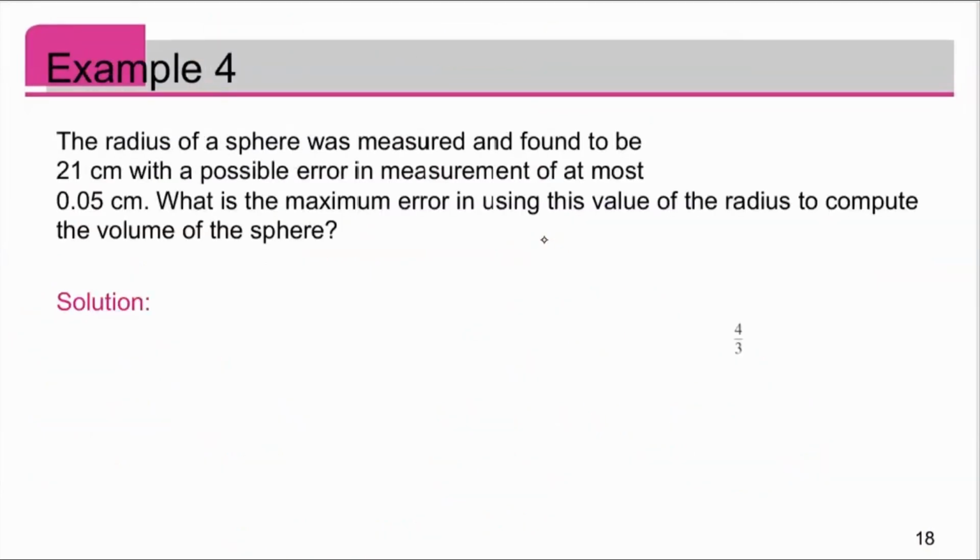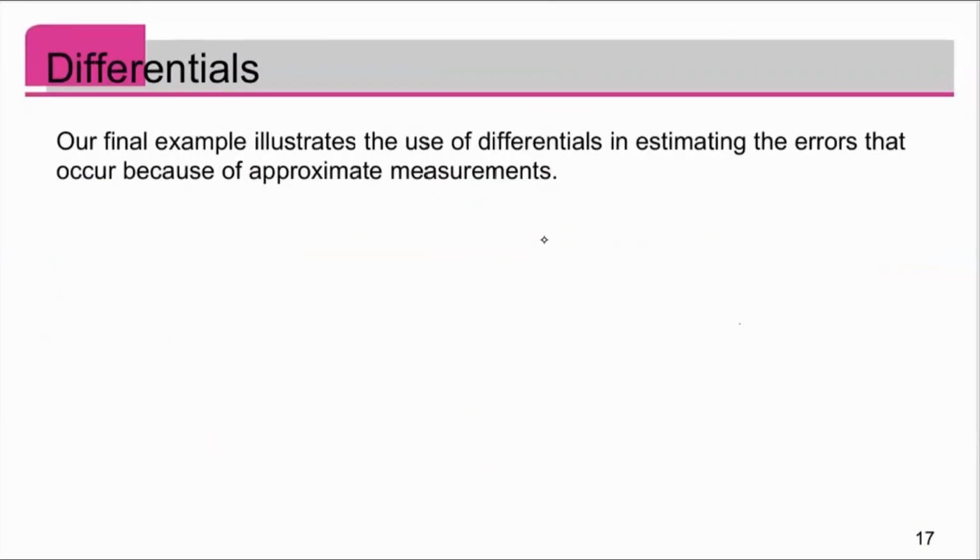Okay, so we have one more example that we want to illustrate the use of differentials. Okay, we use dy and dx just now in estimating the errors that occur because of approximate measurements. So this actually is very useful in real life, especially when you go to industry. You have a lot of measurement tools that have some errors or some uncertainty.